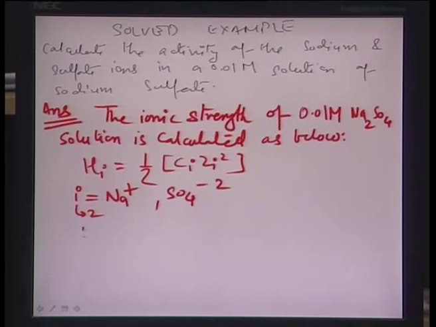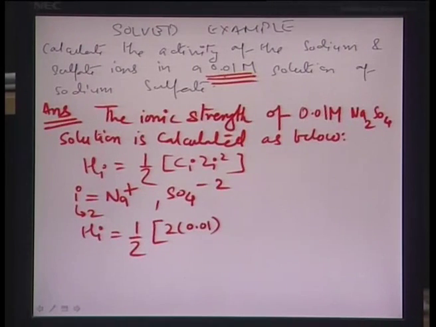Okay. So, mu I in this case would be half of the concentration of Na plus, which is essentially 0.02 molar. So, 2 into 0.01. The sodium sulfate solution has a molarity, mind you, of 0.01. So, there are 2 sodium ions in every molecule of Na2SO4, and therefore you have the overall molarity of Na plus as 0.02 molar.